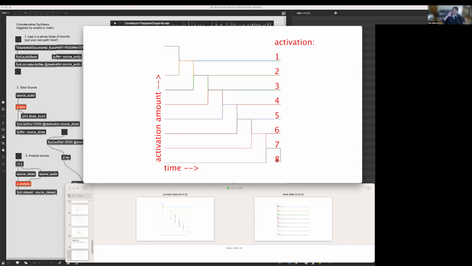And so I'm telling it where in time these different sound objects are that it should look for. So this is loudness. This is an activation curve. So it's loudness and then time.